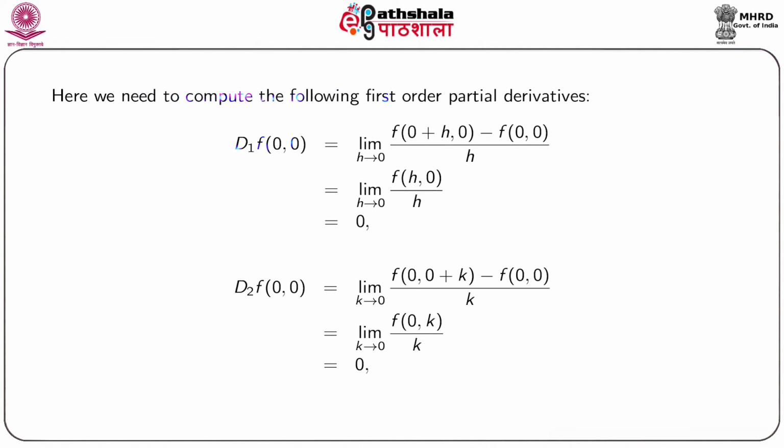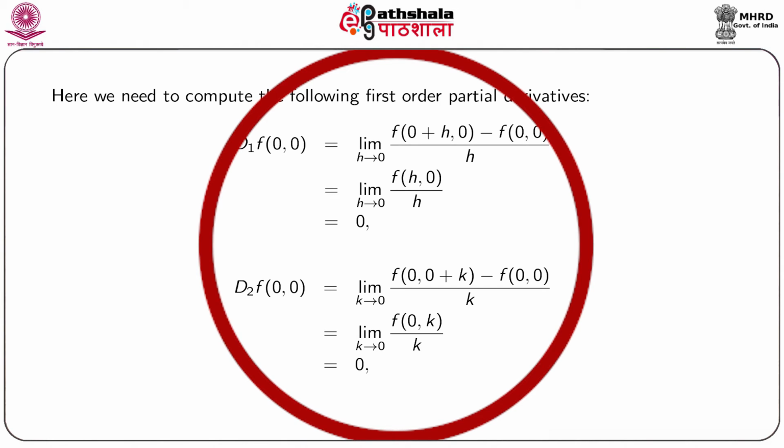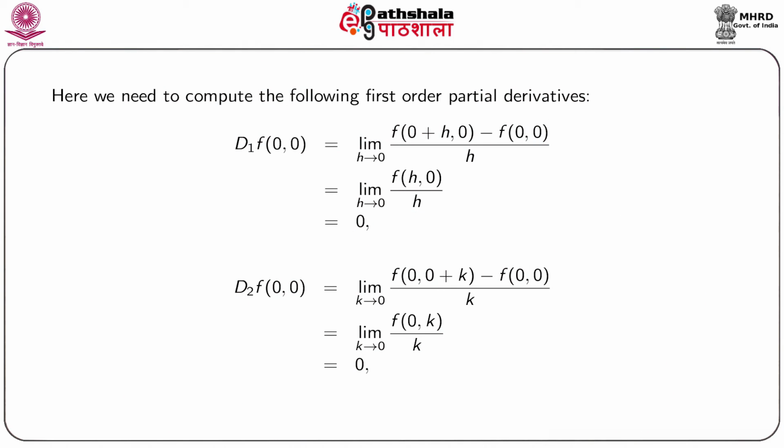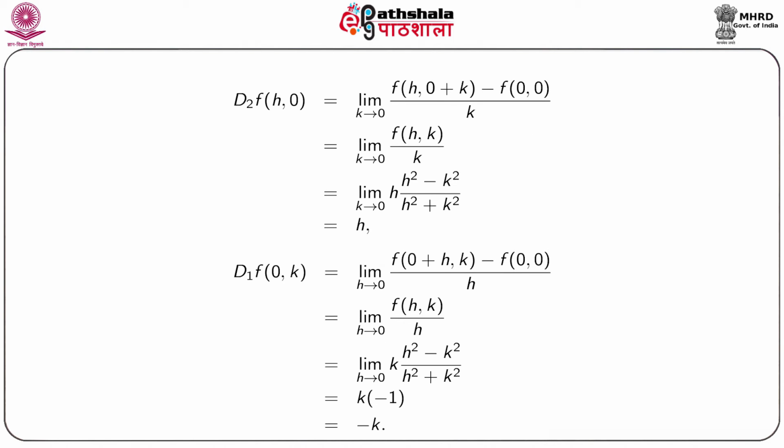We find that del f del x at the origin equals 0, and del f del y at the origin equals 0. The calculations are cited here. Similarly, del f del y at the point (h,0) will be h, and del f del x at the point (0,k) will be minus k. We have given the calculations here.